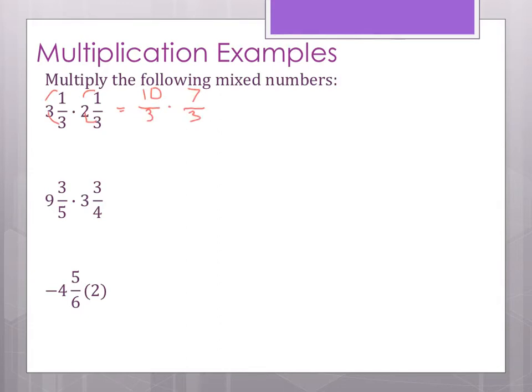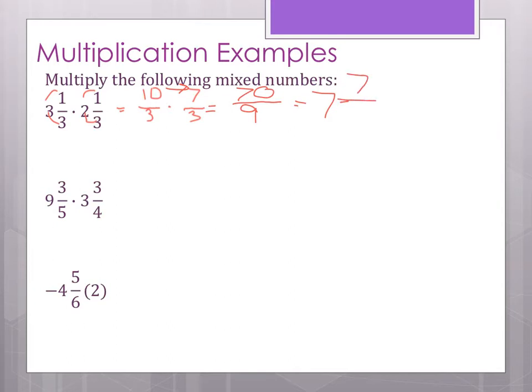So I can just go ahead and multiply. I multiply across the top. 10 times 7 is 70. Then multiply across the bottom. 3 times 3 is 9. And now I'll have to convert to a mixed number. 70 divided by 9 is 7. 7 times 9 is 63, so I need 7 more.